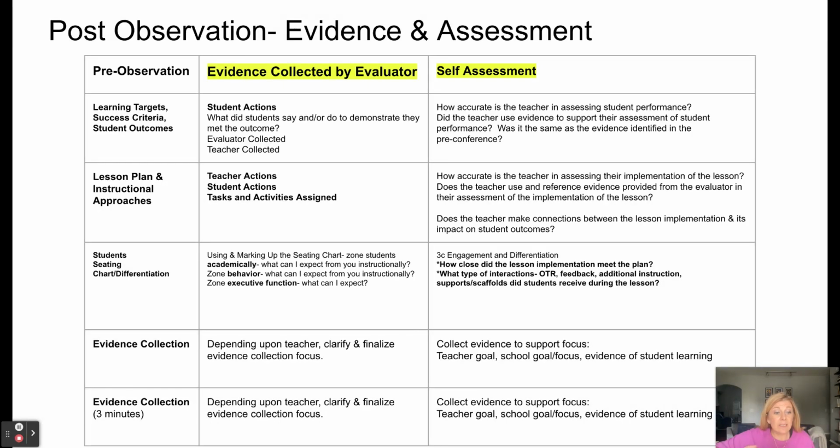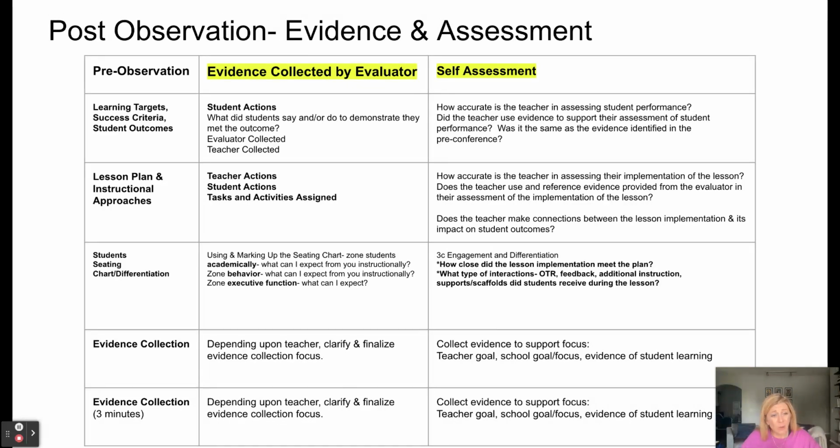So I would always email my evidence collector and the seating chart to the teacher so they could take a look at that.